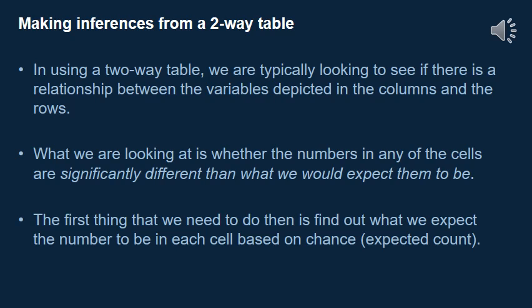I look at the possible difference between the numbers I see in the table, which are called observed counts, and the numbers I would be supposed to see if there was no correlation between my variables. These are called expected counts.